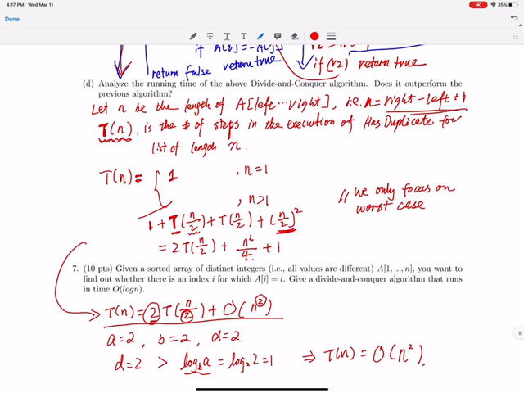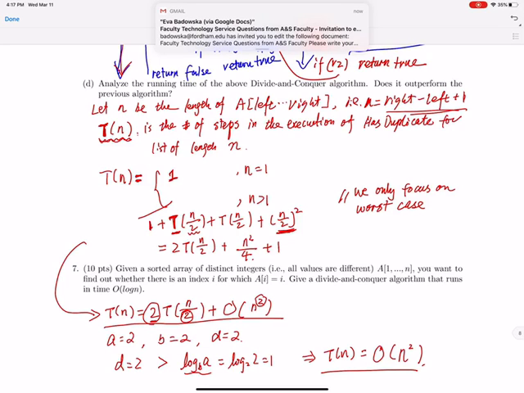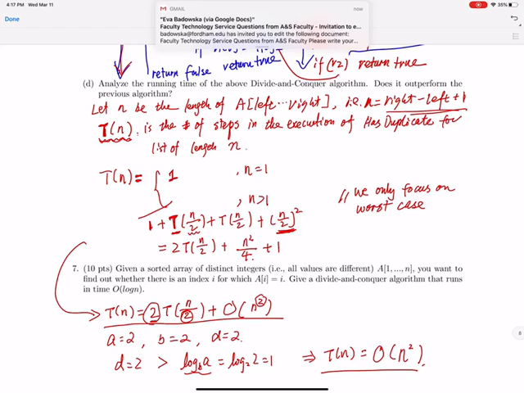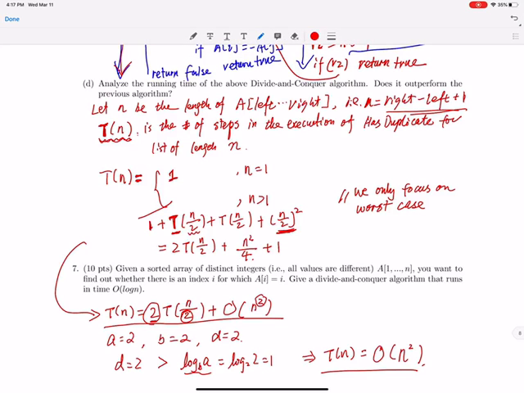You can take a moment to observe that it's no better than the first solution we had early on. It's still n squared. So for this particular problem, divide and conquer actually does not help.